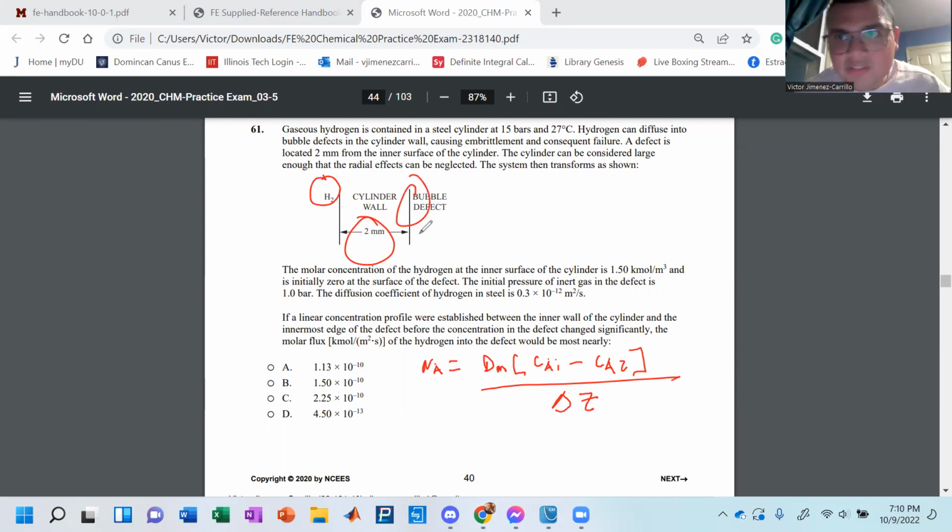Easy enough. The concentration at the wall is always going to be 0 because there's no elements there. The concentration of H2 is given to you, and the diffusivity constant is given to you. You just plug and chug from there.